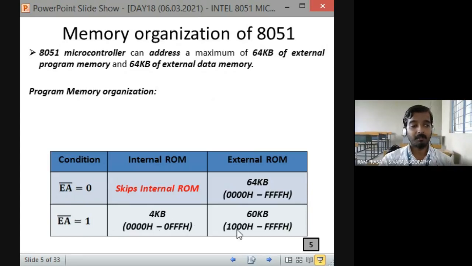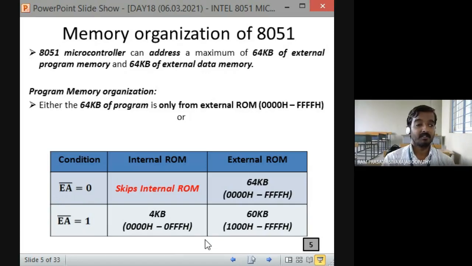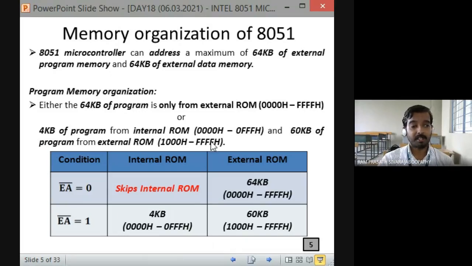Beyond that, it will automatically execute the program from the external ROM. Kindly note down the address space. So either the 64 KB of program is only from external ROM or 4 KB from internal ROM and 60 KB from external ROM.